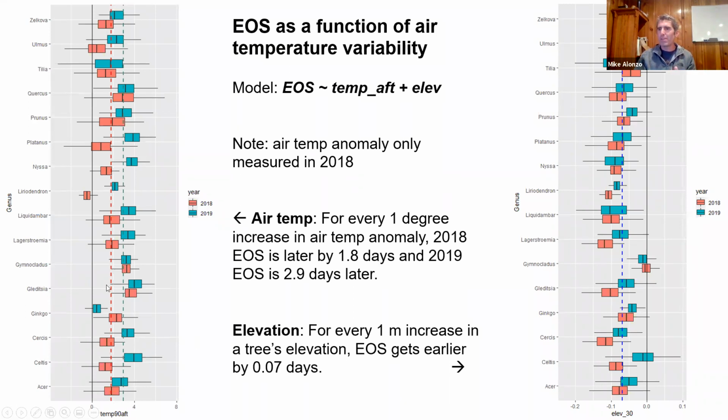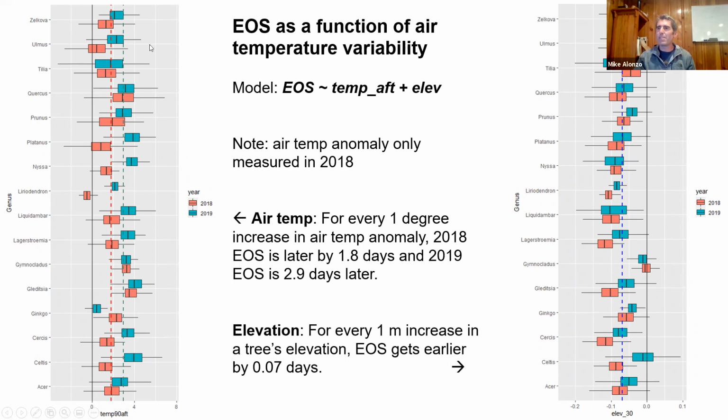That's this red line. And then the red boxes are the species variability. So there's a mean effect: air temperature pushes end of season later, but there's also plenty of species variability that would be interesting to unpack.